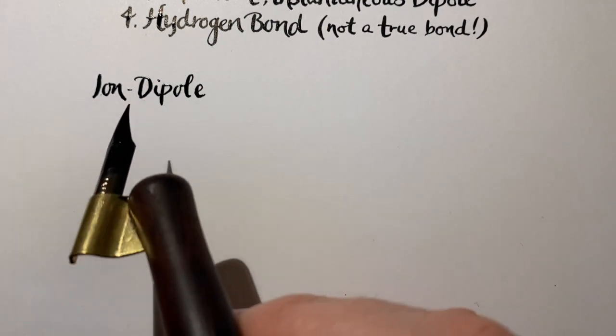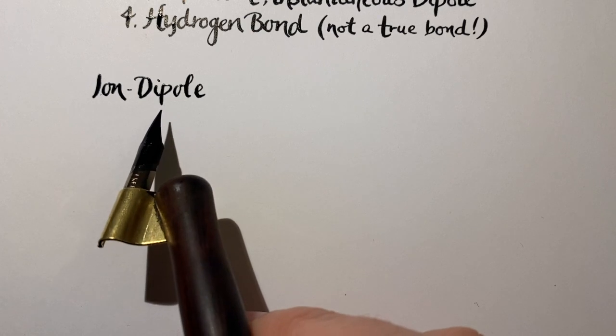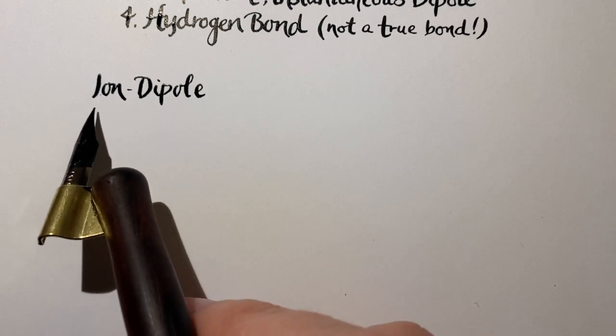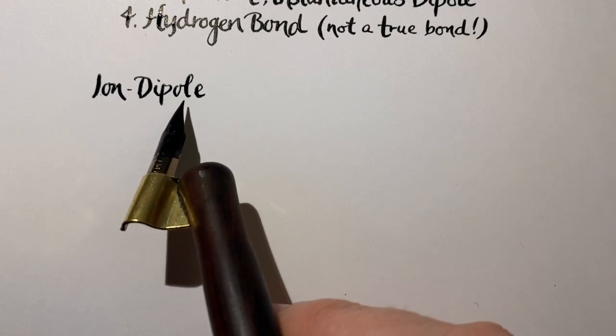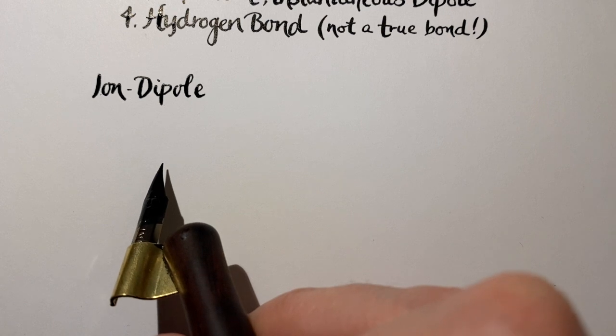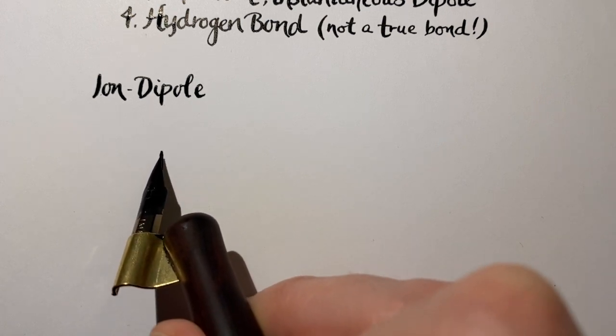So this is exactly what it sounds like. Now, that's assuming that you understand the concept of what an ion is and what a dipole is. So let me show you an example in case it's something you haven't seen before or you've forgotten.